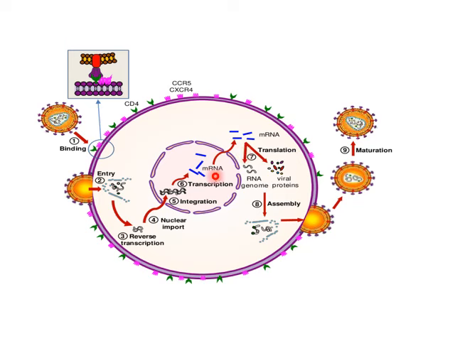So this viral DNA is going to be transcribed into the messenger RNA and then exported out of the nucleus. Then once it is exported, it is going to be translated into the viral proteins.